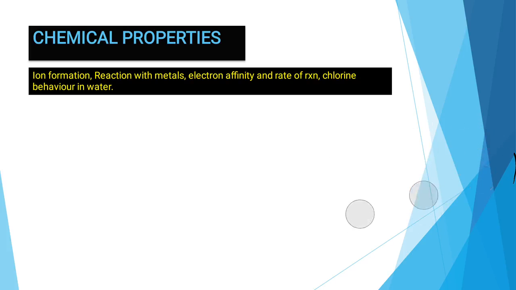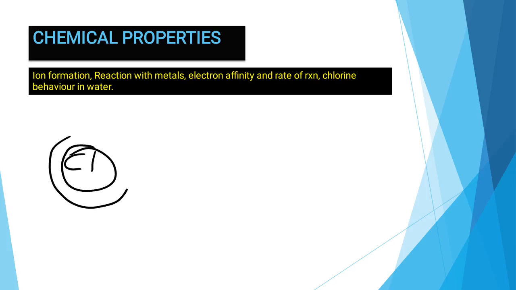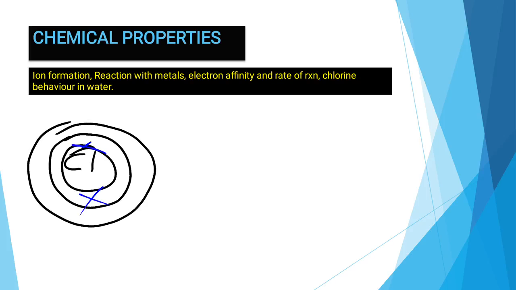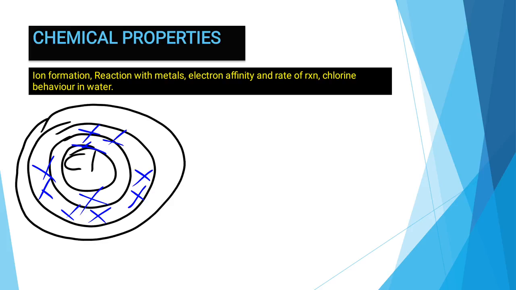An example is we have a chlorine atom, which has the first energy level with 2 electrons, and then the second energy level with 8 electrons, and then the last occupied energy level having 7 electrons.